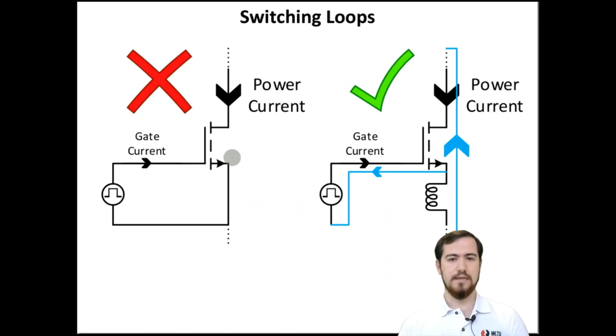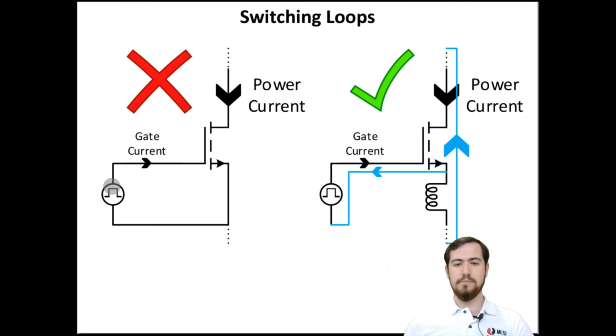More importantly, as we had discussed before, the placement of these capacitors is also important. The gate current is drawn here as a pulse source, but we all know that this is actually a capacitance.